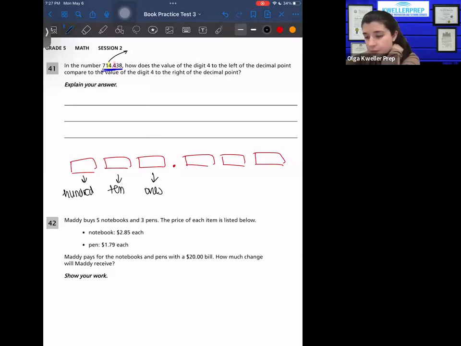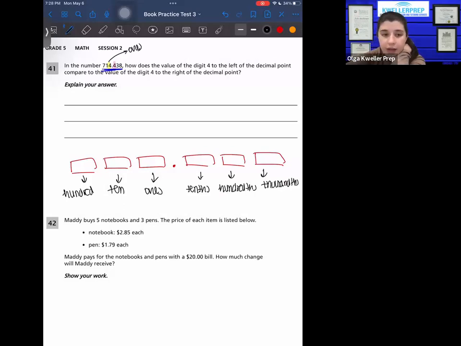We know that's in the ones place. Now, what happens after the decimal place? Everything kind of gets mirrored. So this becomes the tenths place. This becomes the hundredths place. And this becomes the thousandths place, right? We add the TH.